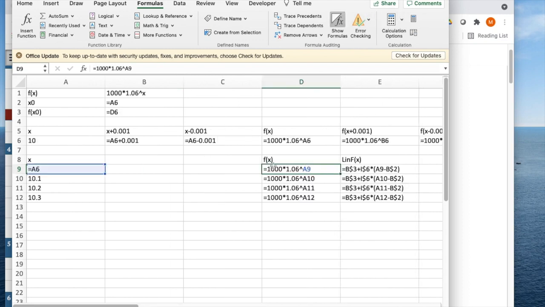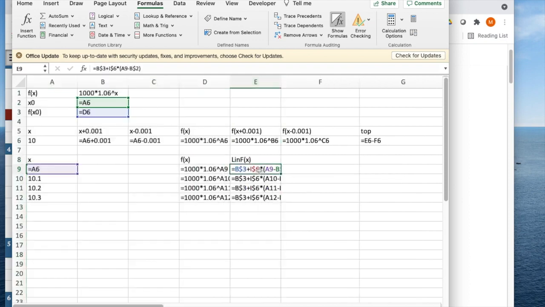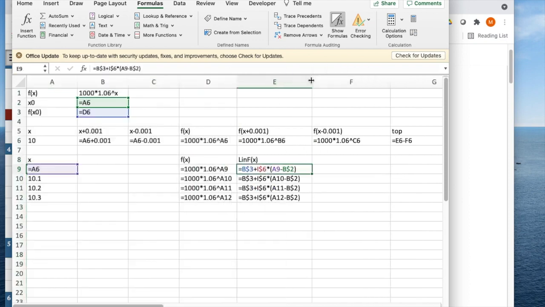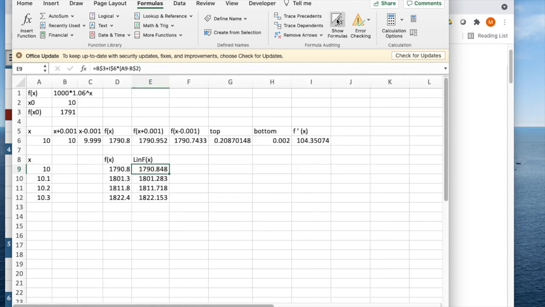Looking at my formulas, we see that my linear approximation is the initial value of y plus the derivative times the distance you are from the initial value of x. That's my general setup. It's a pretty good approximation for an area around there as I'm close to 10 years.